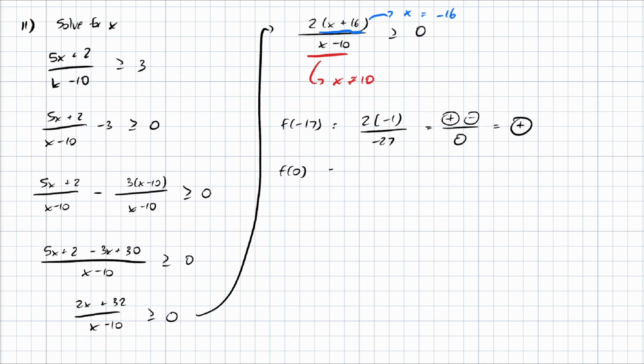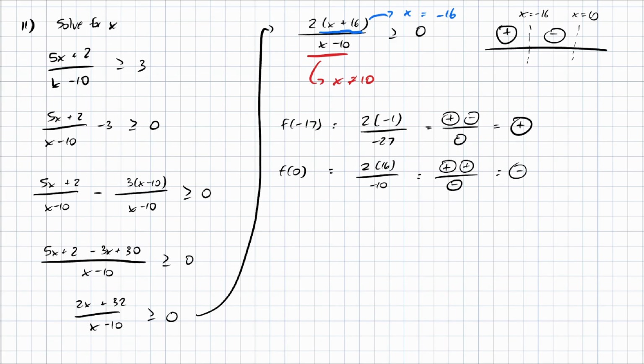F of 0 equals, now we do a sign chart right here, since you're all used to that. So x equals negative 16 and x equals 10. So this is a plus. Now, 2 times 16 over negative 10, this is plus over minus, which is a negative. Now, f of 11: 2 times 27 over 1. This is positive over positive, which is a positive result.